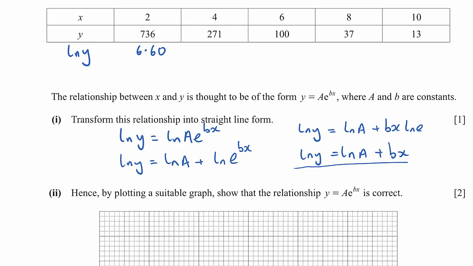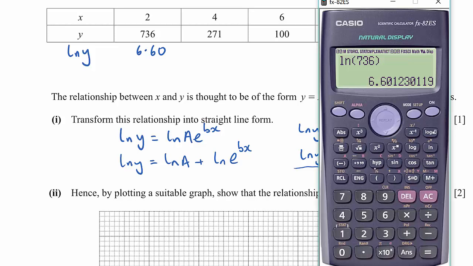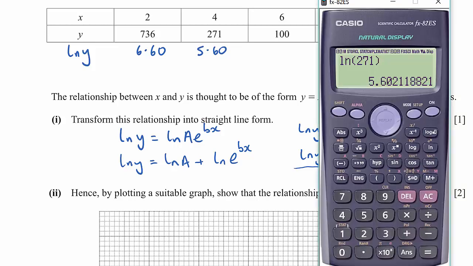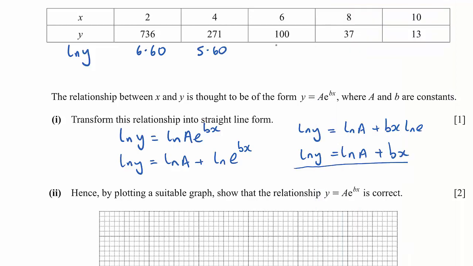And then ln 271. That's 5.60. Then ln 100. It's 4.61.